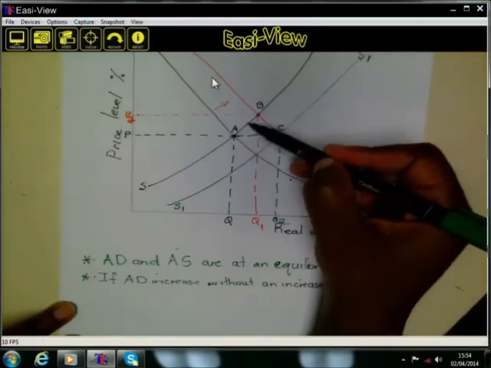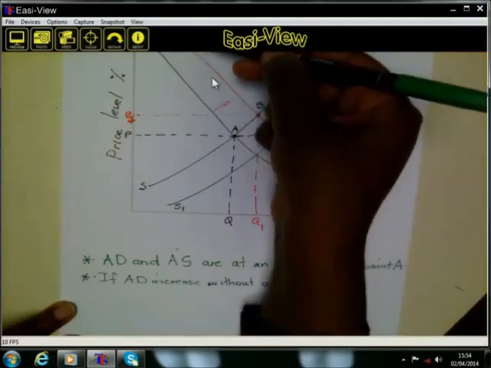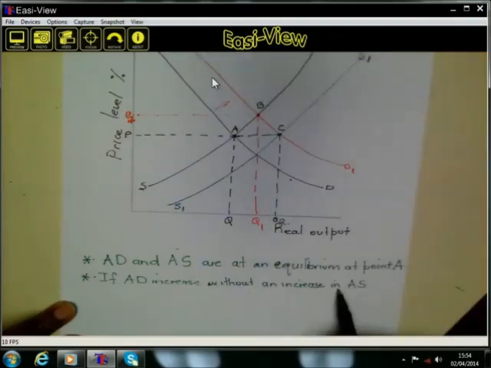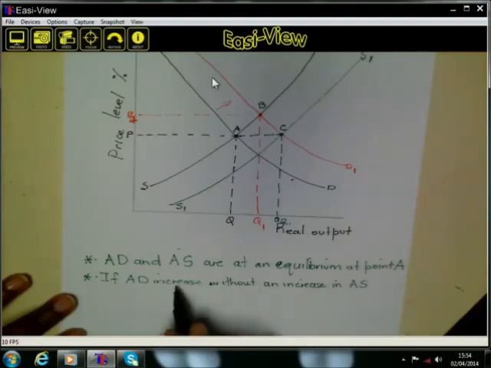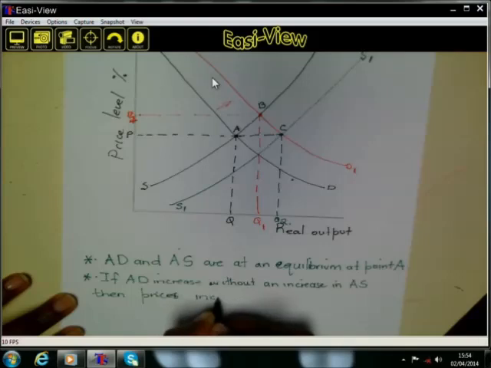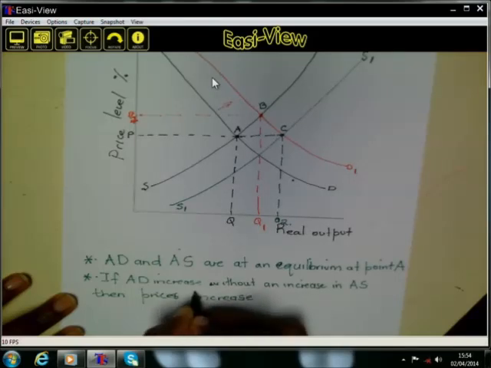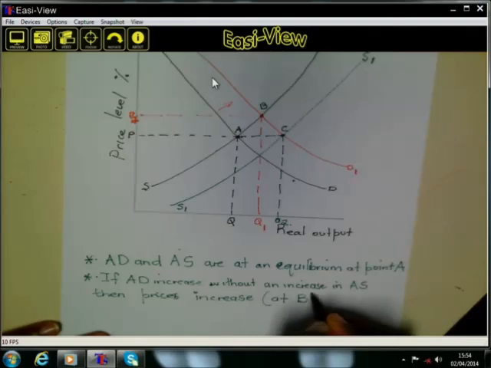When aggregate demand shifted to the right from D to D1, there was no increase in supply. So what is going to happen in the economy? Aggregate demand has increased without an increase in aggregate supply, then prices increase. All this is at point B.